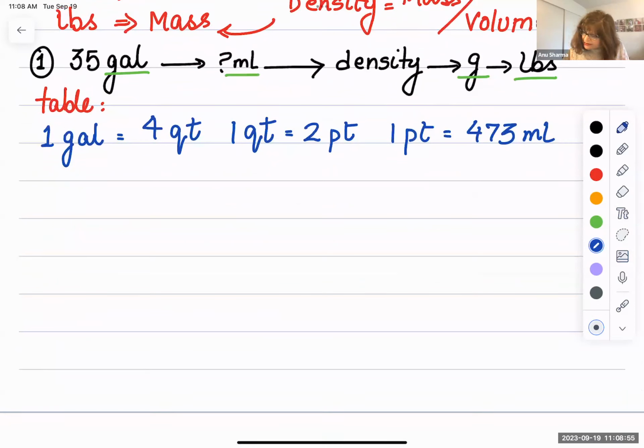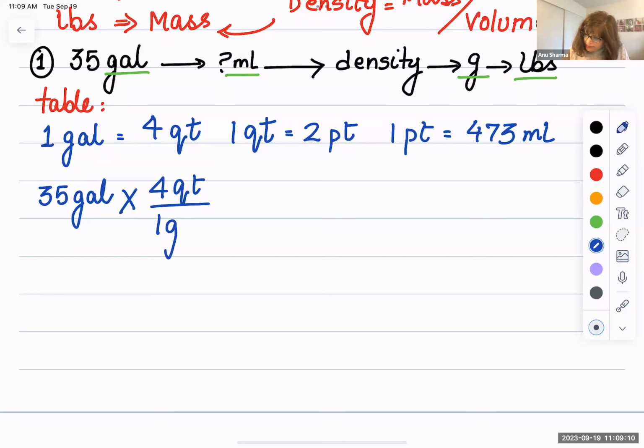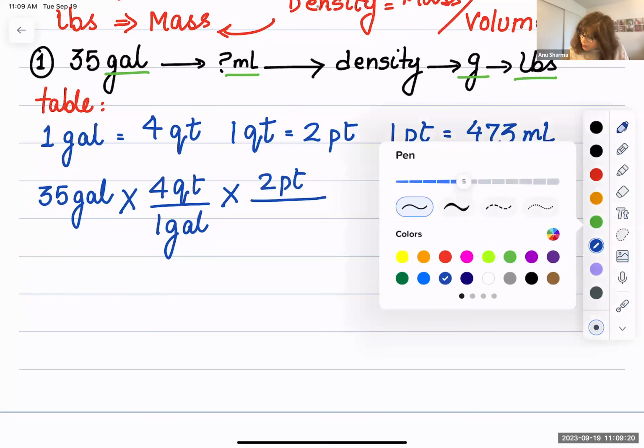So here we see 35 gallons times 4 quarts over 1 gallon. So gallon and gallon cancel out. Next, let's get rid of the quarts: 2 pints over 1 quart.